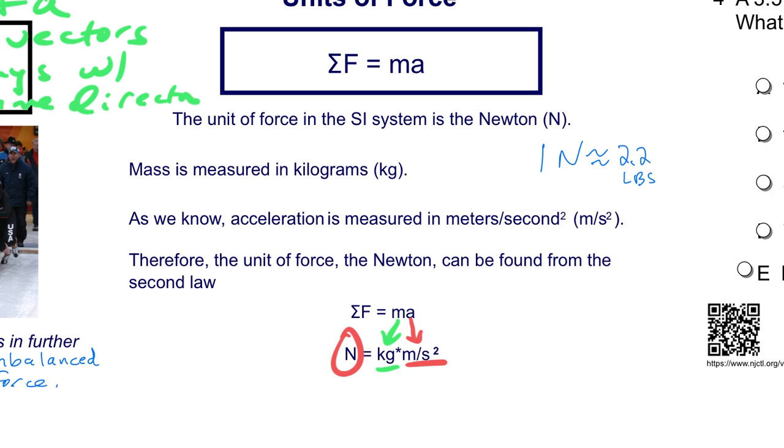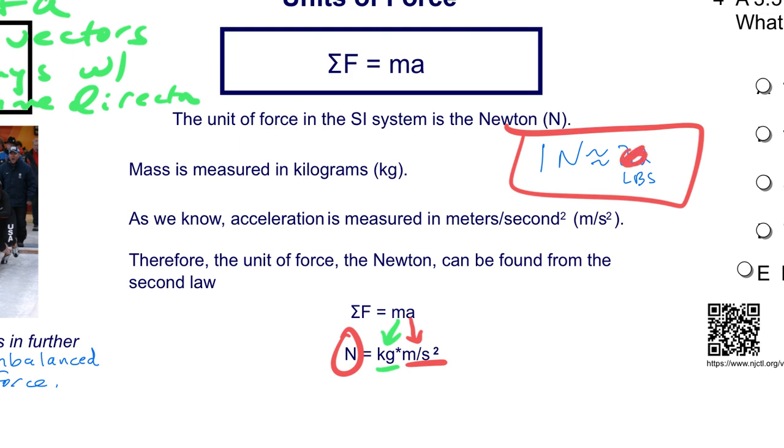Okay? So the mass has to be in kilograms, the acceleration, of course, meters per second squared, and the net force has to be in newtons. Okay, by the way, a newton is about 2.2 pounds. We don't use pounds in physics or science because we use the metric system. But, so a newton's about, whoa, that's wrong. A newton's about a quarter pound.